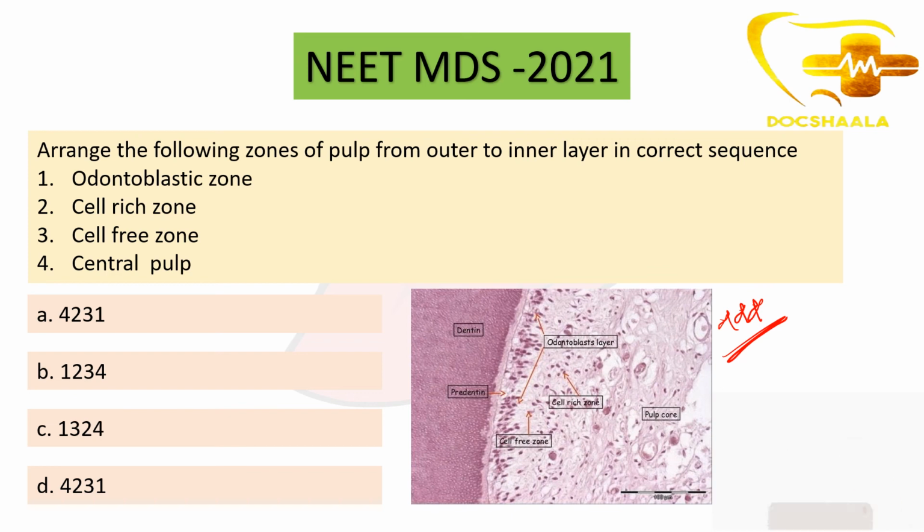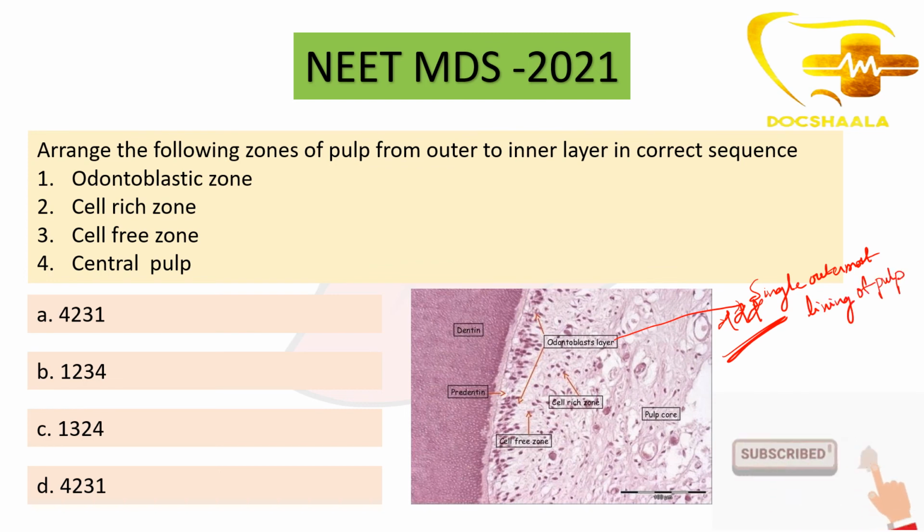So the outer layer is the odontoblast layer. We have seen it is the single outermost lining of the pulp, right? So it is the outermost layer, so it is number 1. Then after that we have the cell-free zone. The cell-free zone is number 2, but in the question it is given under number 3.